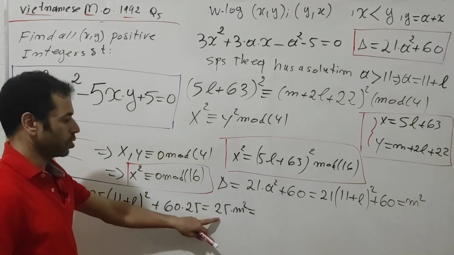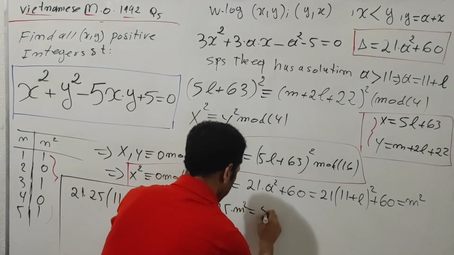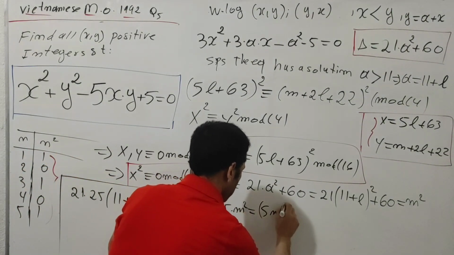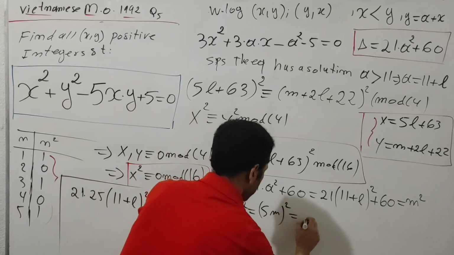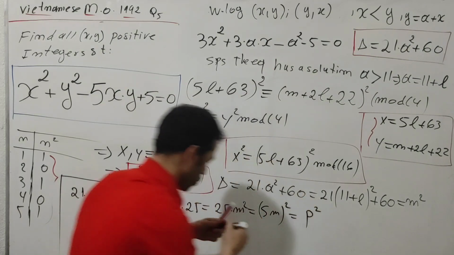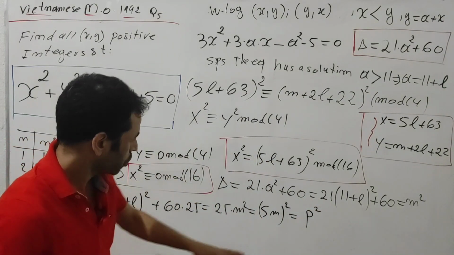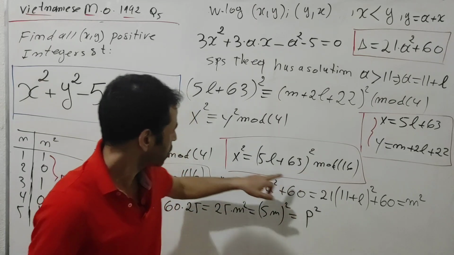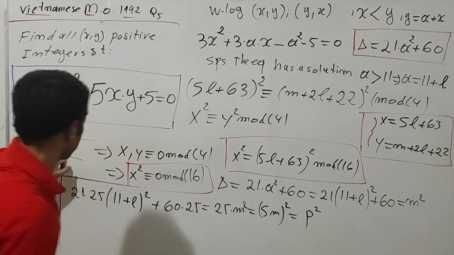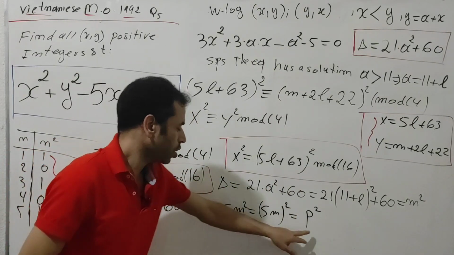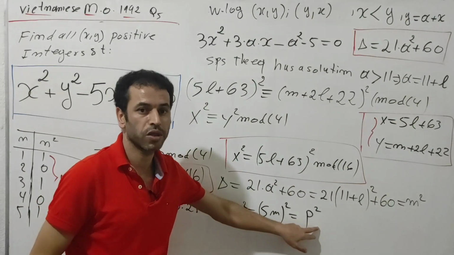I'm going to put 25 as 5 square, so that means (5m) squared, which I can put as p square. As we know, this term p square, the same as x square and n square, is all congruent to 0 mod 16.